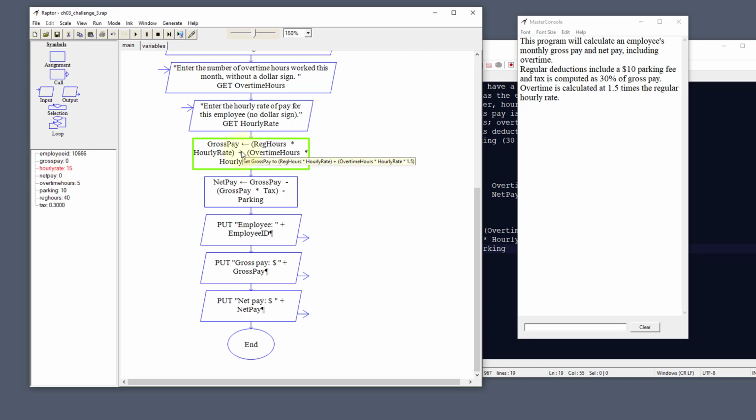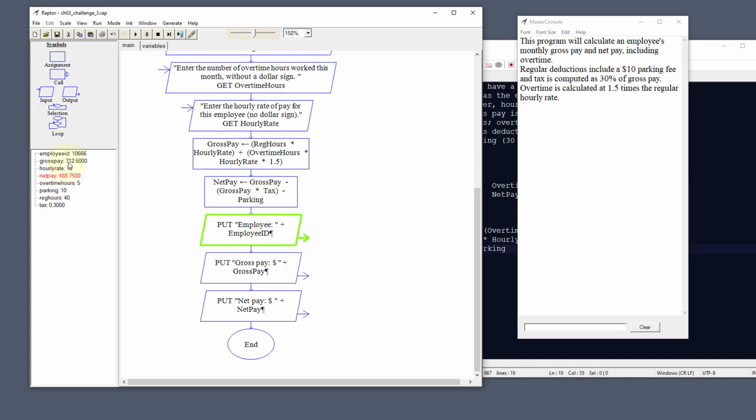Then we're going to do our calculations based on this information that we've given the program. It can calculate now. So it's going to set the gross pay based on this formula here. So it's going to say our gross pay is 712.50. And then it's going to say net pay is gross pay minus gross pay times the tax minus parking.